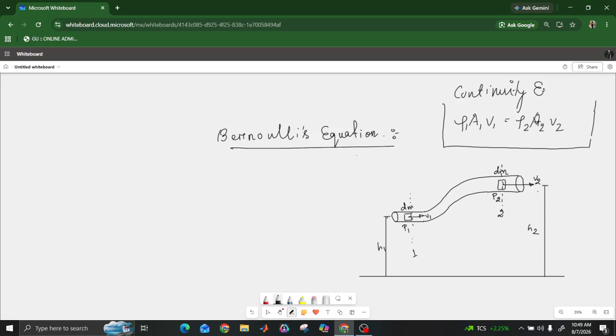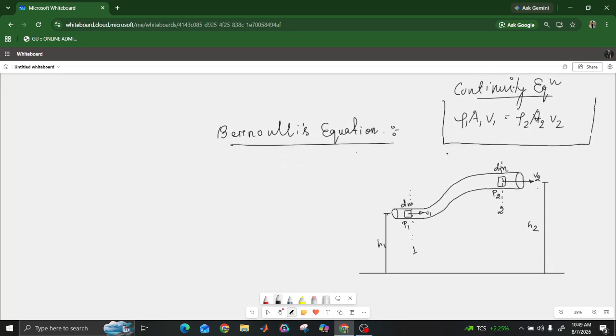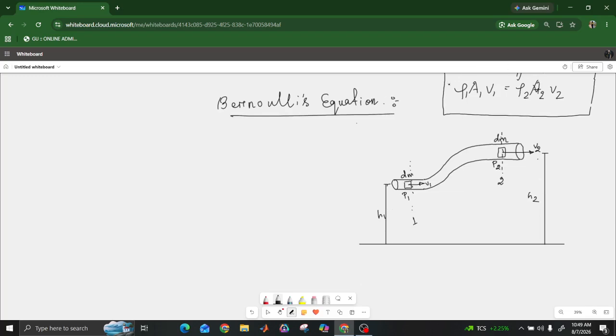If the density is same, it becomes A1 V1 is equal to A2 V2. So where area is less, velocity is more, and where area is more, velocity will be less. Let's look at these 2 points.